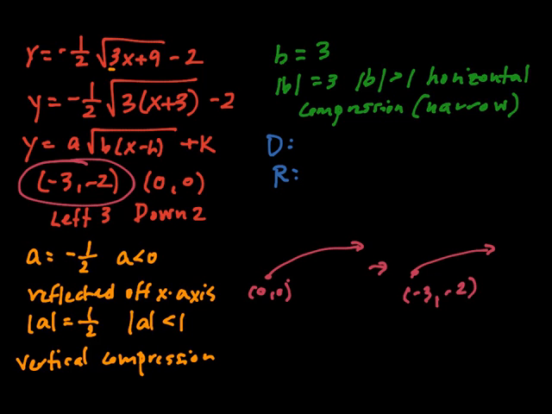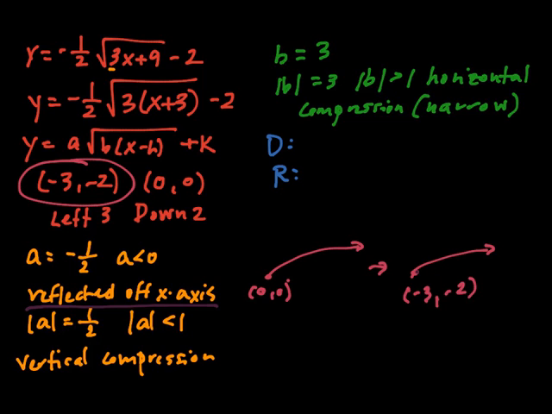Okay, and then look here. There was a reflection off of the x-axis. The vertical compression and the horizontal compression are not going to make a difference in the domain and the range. Okay, guys? Because the starting point is the vertex, and whether it goes right or left or up or down, that doesn't change. Whether you go just a little bit left or a little bit right, or a lot up, it doesn't matter.